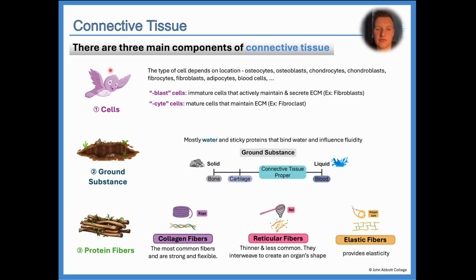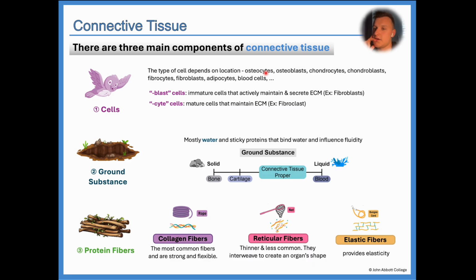So here we go again with my bird analogy. You have the little bird here, which are the cells. And the type of cell actually depends on the location. Osteocytes. First of all, the term cytes is a root of the word that means cell.